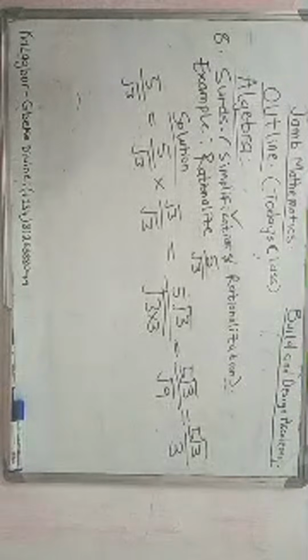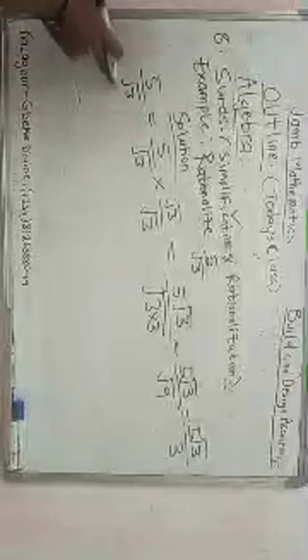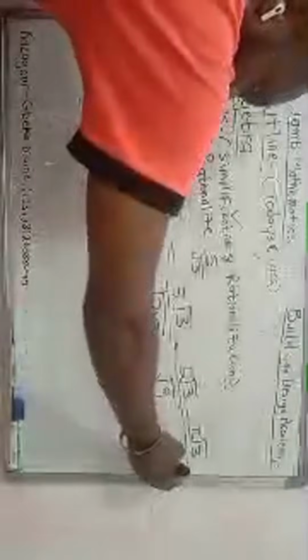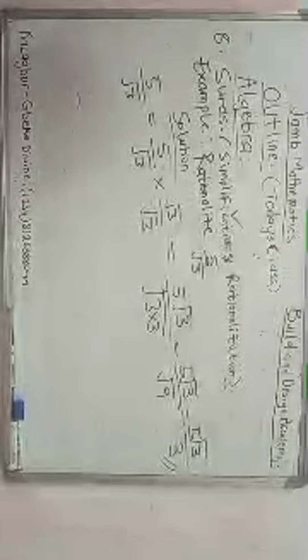This is how we have eliminated the square root sign in the denominator, because the denominator cannot have a square root sign. So this will be our rationalized form. We are done with this example.